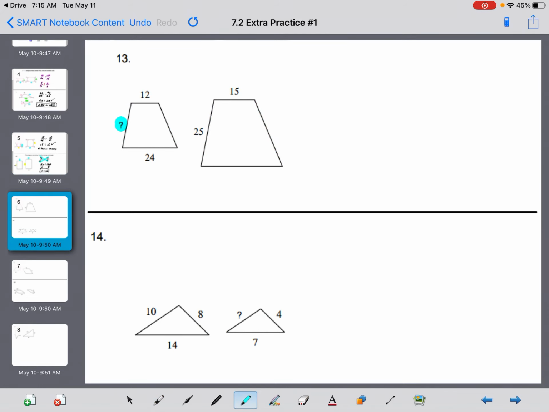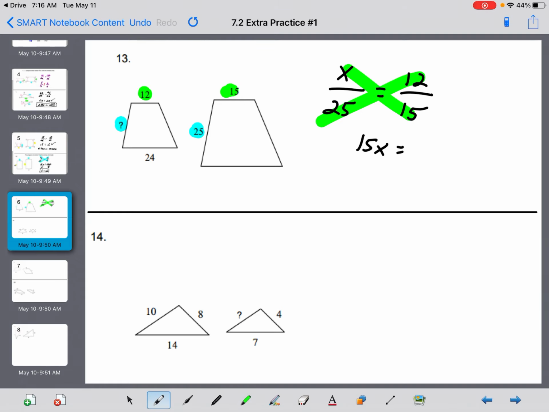Same deal here, match up your question mark with 25 and your 12 with your 15. So x over 25 is equal to 12 over 15. Again, cross multiply. 15x equals 25 times 12 is 300. Divide both sides by 15 and x is equal to 20.